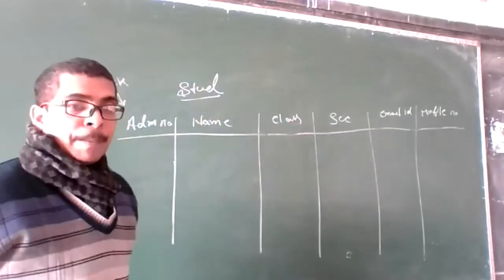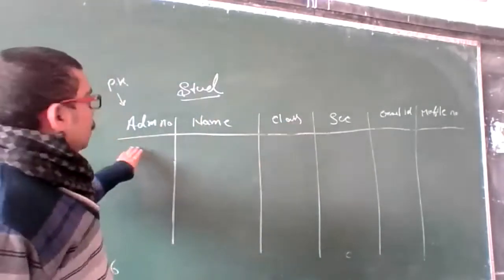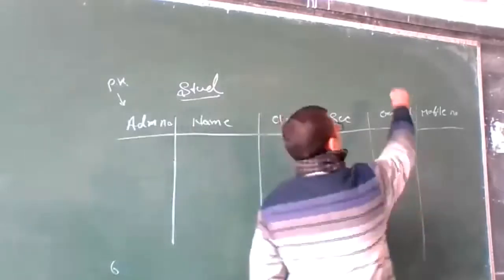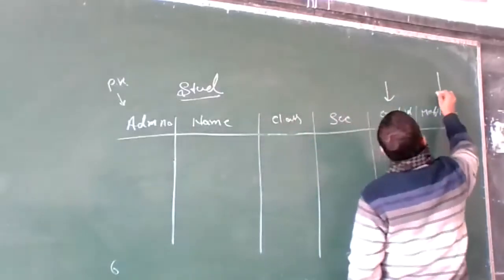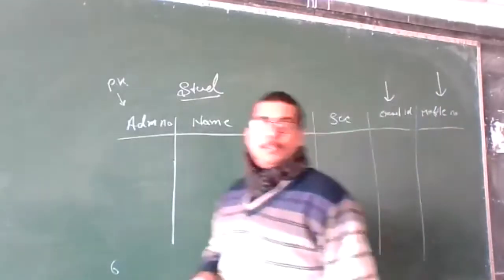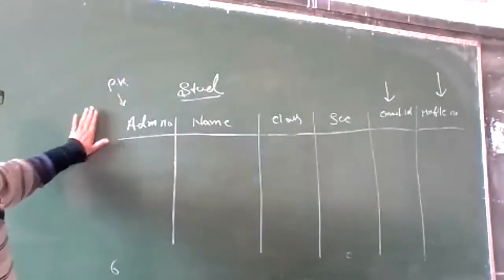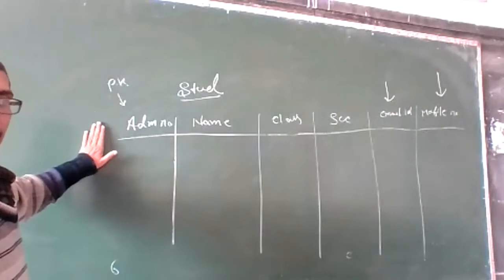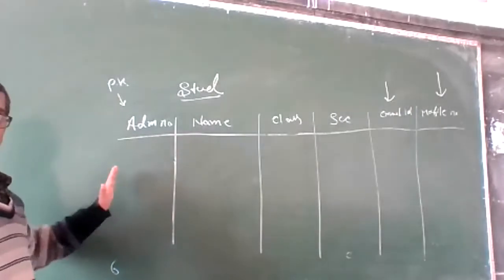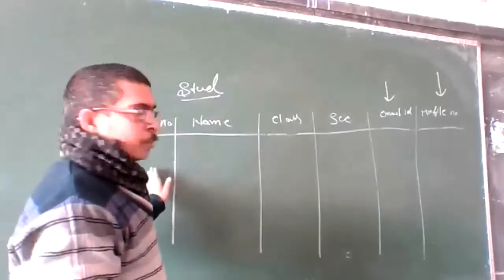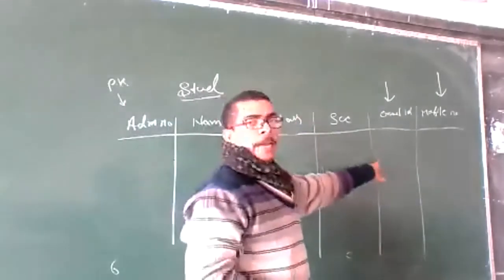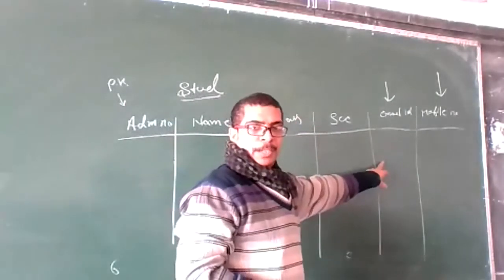But we have made admission number the primary key. In the absence of this, email ID or mobile number can also be used as a primary key.